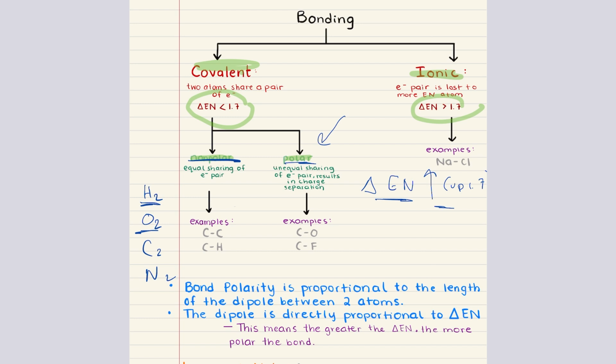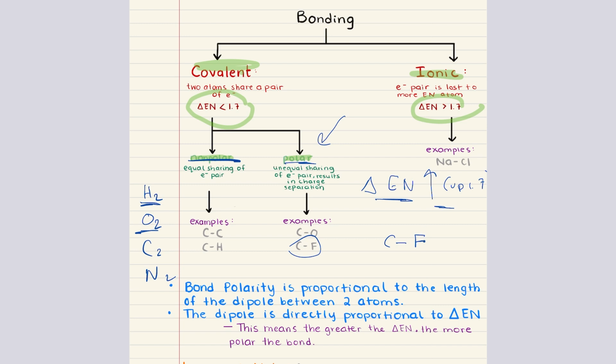And that means that there is a charge separation between the atoms that becomes more pronounced. This charge separation is what creates a dipole. This is simply a difference in charge across the bond, where one atom becomes partially negative and the other becomes partially positive. One example of a polar bond is a carbon-fluorine bond.